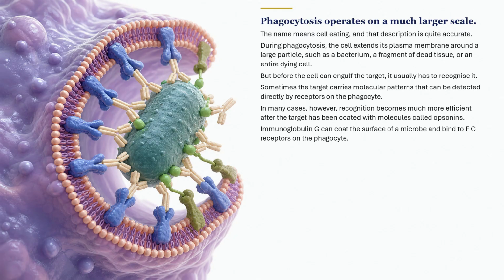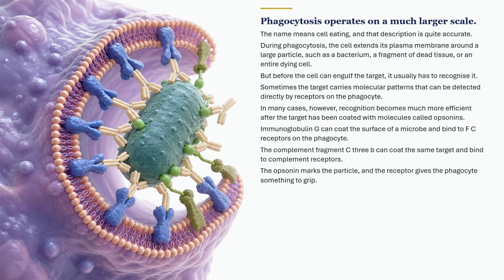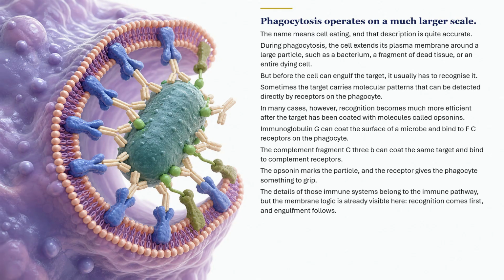The complement fragment C3b can coat the same target and bind to complement receptors. The opsonin marks the particle, and the receptor gives the phagocyte something to grip. The details of those immune systems belong to the immune pathway, but the membrane logic is already visible here. Recognition comes first, and engulfment follows.